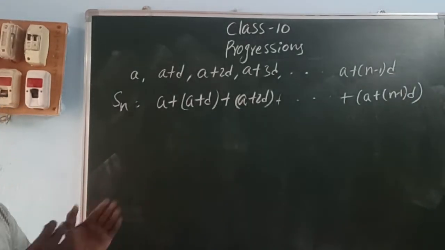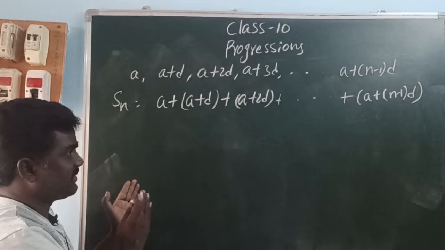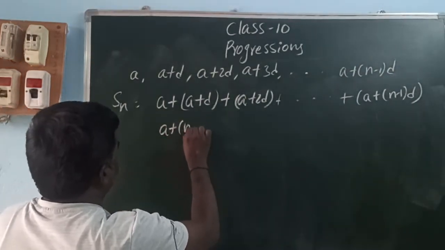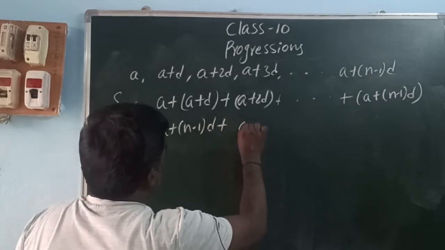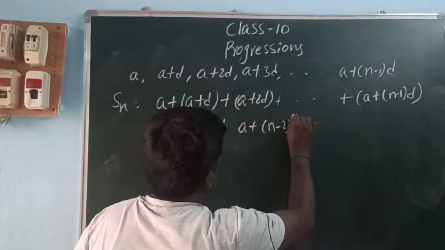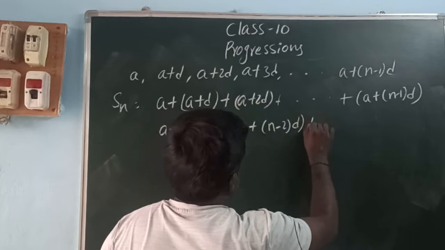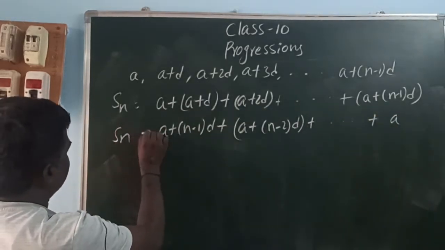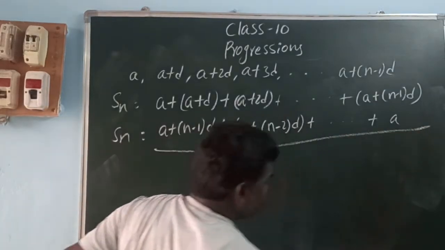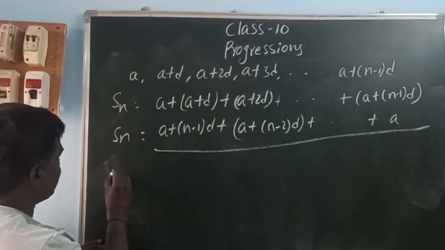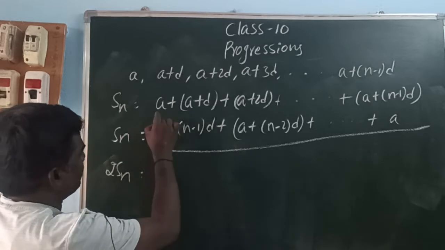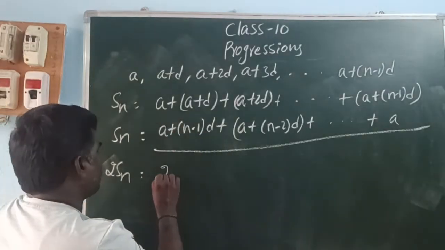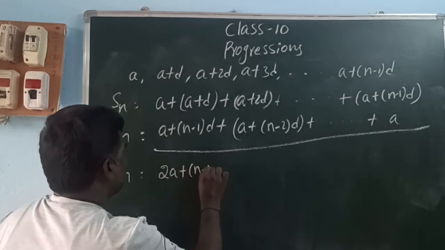We can write it in reverse also: a plus n minus 1 into d, plus a plus n minus 2 into d, and so on, plus a. Here we add these two sums. So Sn plus Sn is 2Sn, and each pair gives a plus n minus 1 into d, that is 2a plus n minus 1 into d.